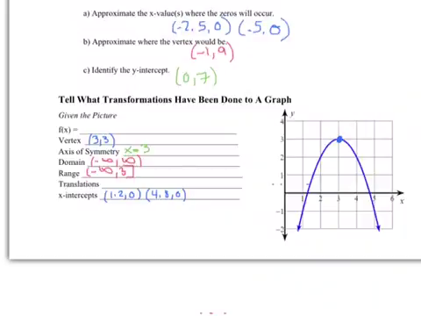If I have the vertex, I just want to plug it in opposite, so x minus 3 squared plus 3. And then the transformations that have been done to the graph, this is what we've also been talking about in this chapter.